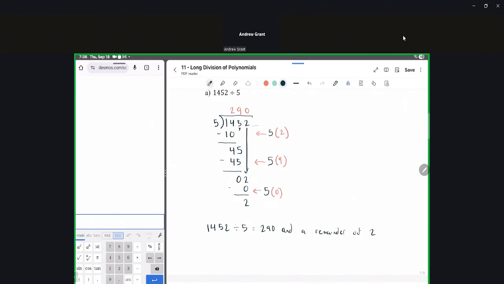Okay, and if you look on the left side here, I could just check my calculator pretty quickly. 1452 divided by 5, and we can see it's 290.4, which makes sense because remember, 0.4 is the same thing as 2 over 5. But we have notation for this, but I'm going to just save it for the meanwhile, and I'll come back up here and write it. Okay.